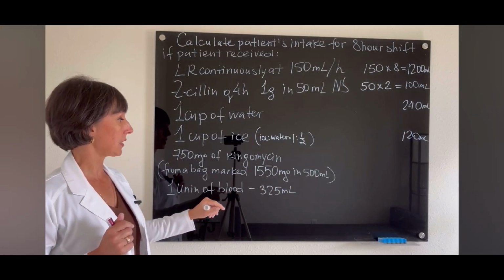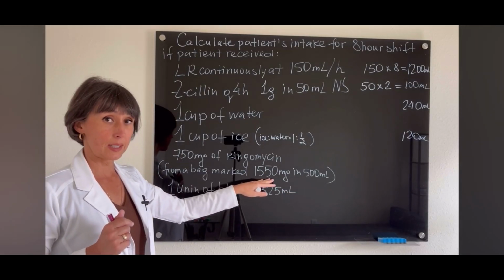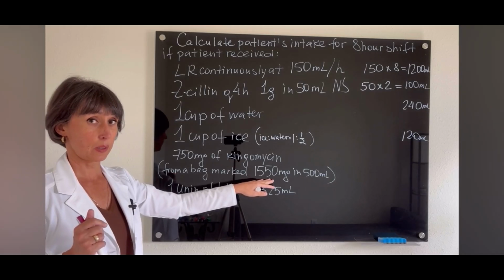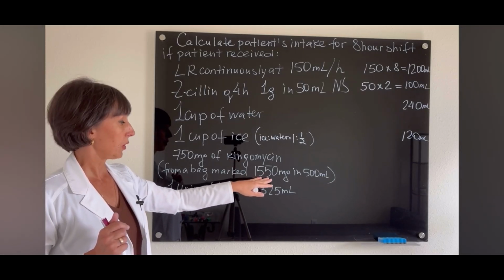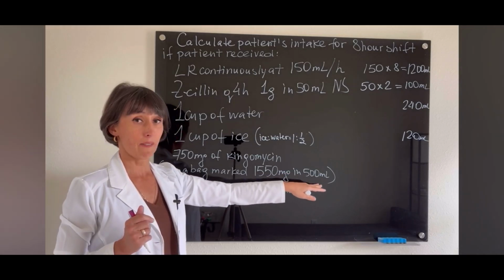Let's calculate the exact amount. And we're going to use the DKP method and set it up like we always do. We write down what we know first. 1550 milligrams is 500 ml.